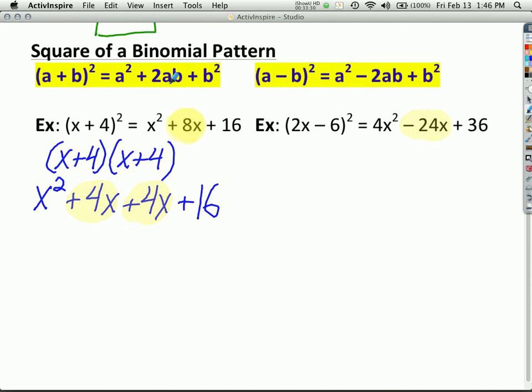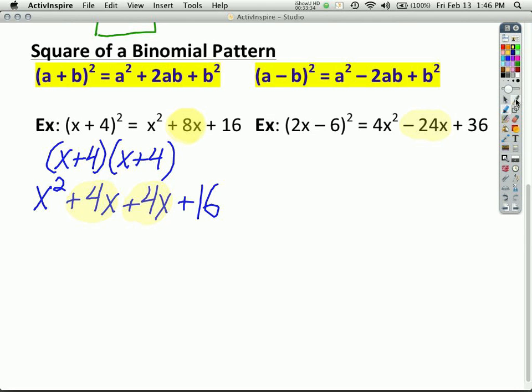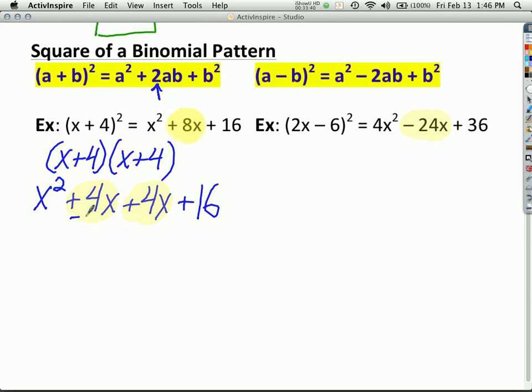Now look at what I have written right there. Now you know where the 2 comes from. That 2 comes from the 2. So to get the middle term, you multiply these 2 times each other and then double it.